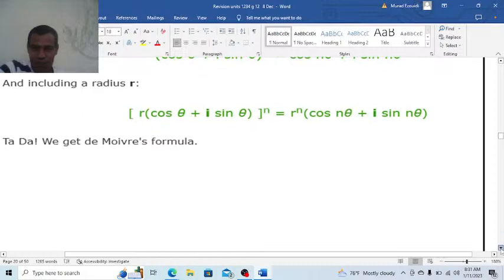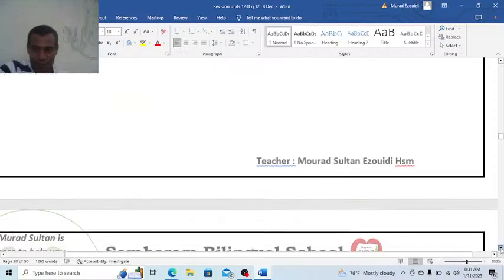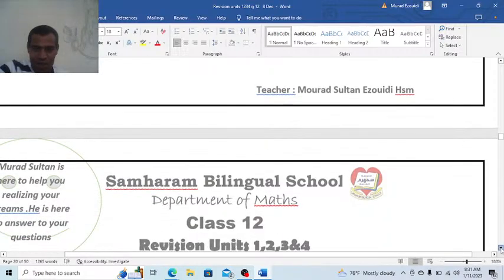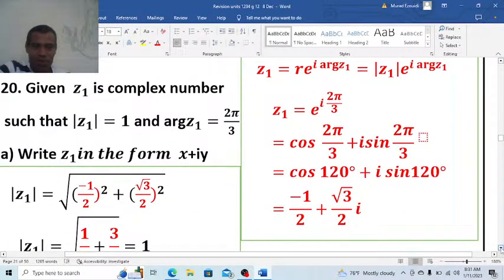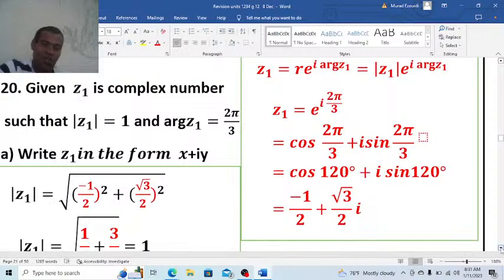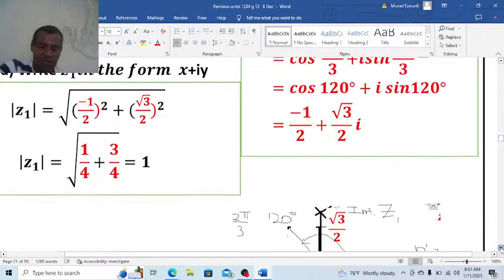Then, learners, we continued solving other questions about complex numbers and how to write them in different forms, the relationship between exponential form and polar form. We also saw how to find the square root of a complex number.